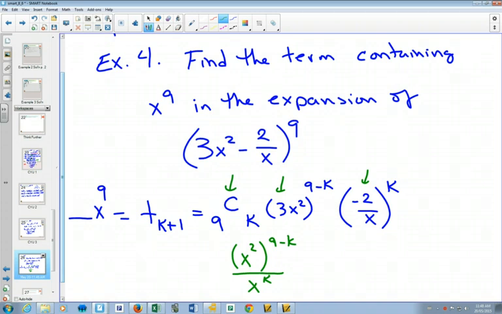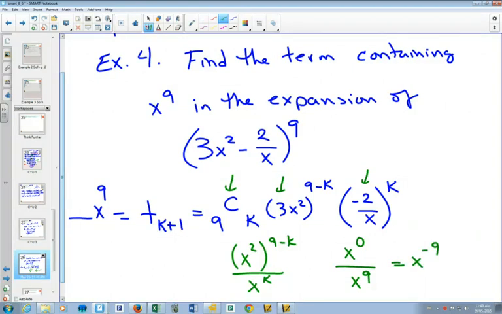Pick a number for k. 9. If we tried k to be 9, well, this will be 0, right? And then you would get an x to the 0 on the top. And you would have an x to the 9 on the bottom. But that doesn't give us, that gives us an x to the minus 9. And we're looking for an x to the positive 9.